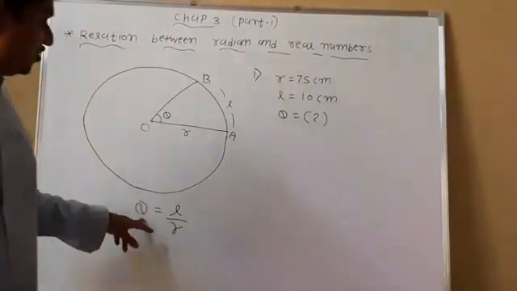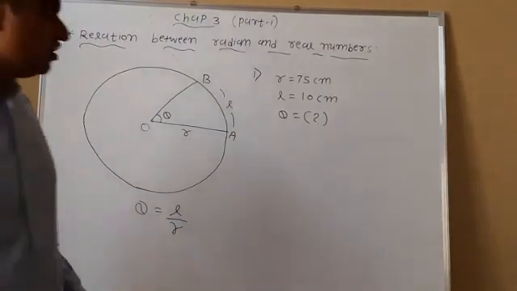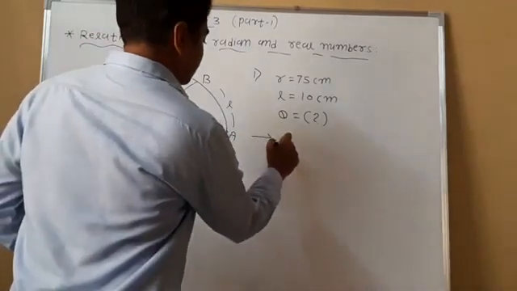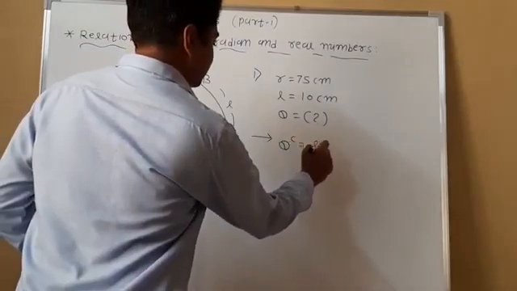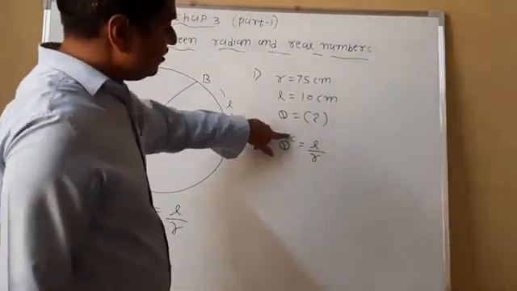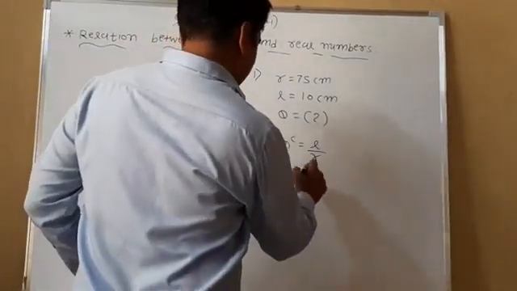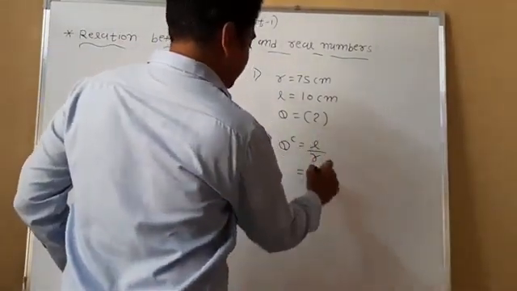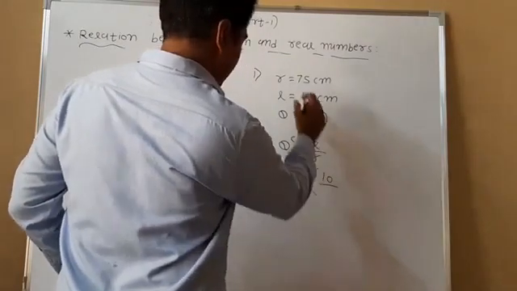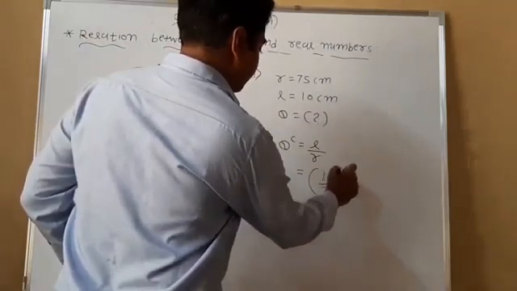Again we know this relation, theta is equal to L by R. So here we write theta is equal to L by R. Now here we can write radian form. So it is equal to L in place of which we write 10 upon R in place of which we write 75.